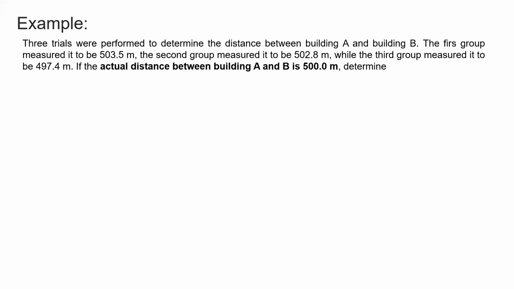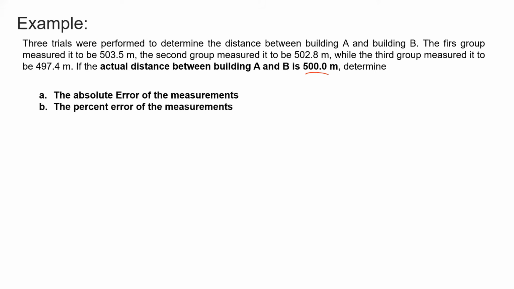If the actual distance between building A and building B is 500 meters, determine A, the absolute error of the measurements, B, the percent error of the measurements, and C, the percent difference between two measurements.